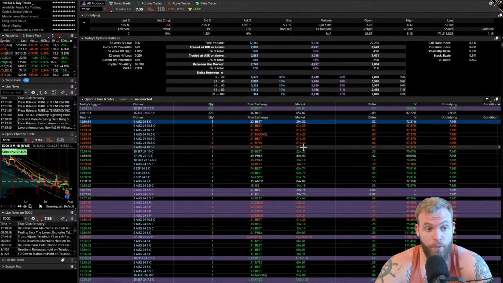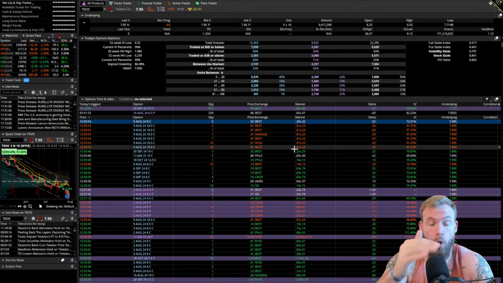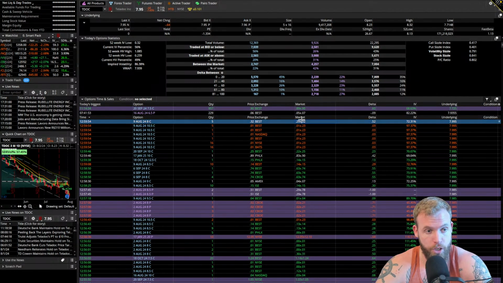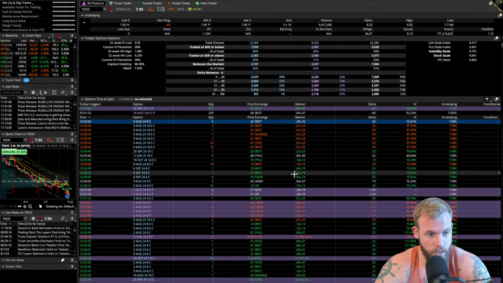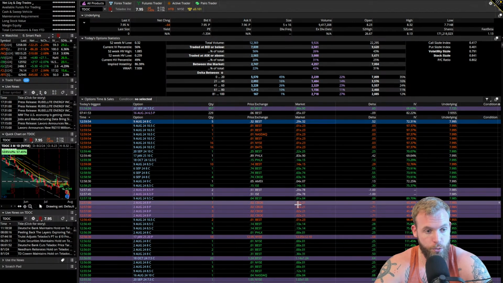But we don't know that for certain. There's not a print that tells us that's what happened. We're making an assumption based on where the market is and where the trade was. I just think it's really important for people to understand that, even when you see the coloring here, the platforms are still making an assumption.